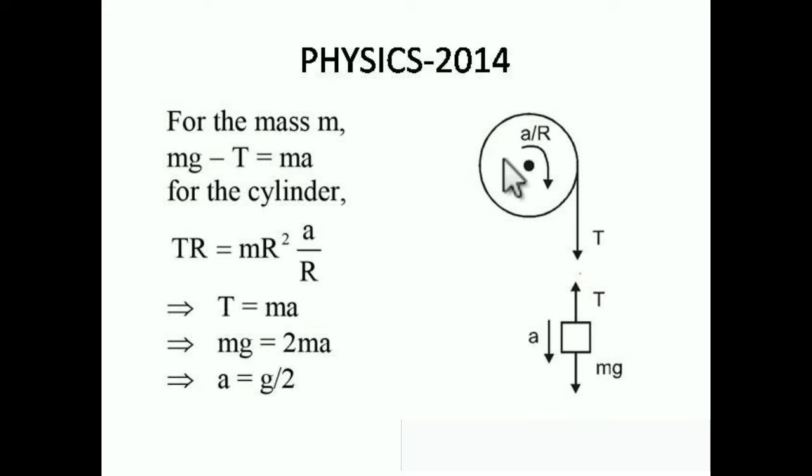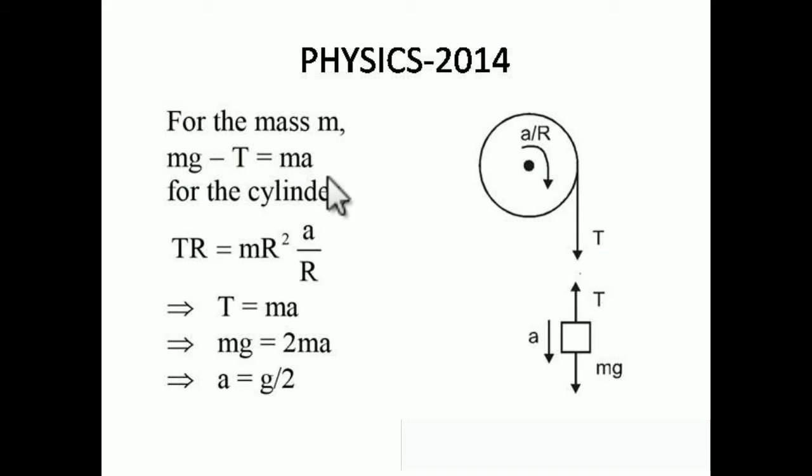Now, how to make an equation. This is my free body diagram. For the mass m, the mass is moving in the downward direction, so which force is greater, mg or T? Very simple, it's mg. So mg minus T gives the mass into acceleration, m into a.